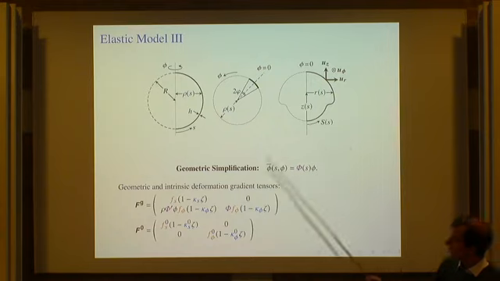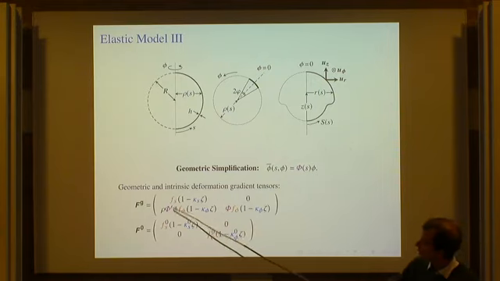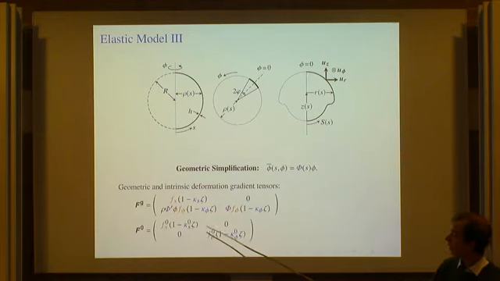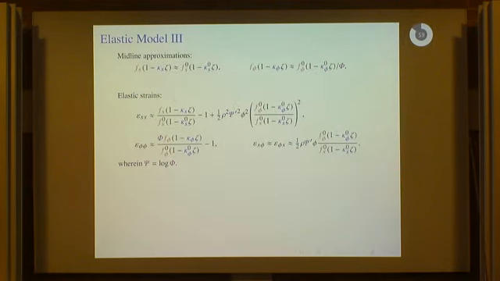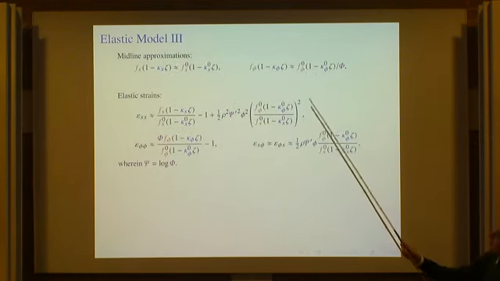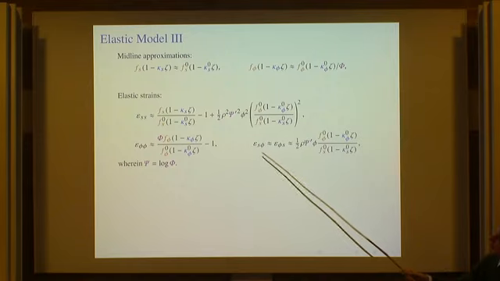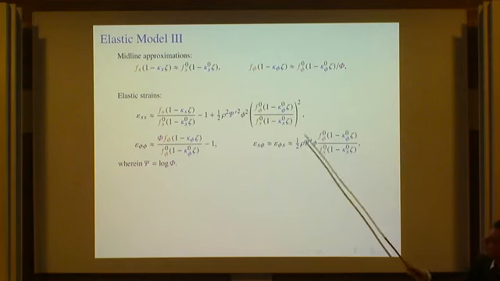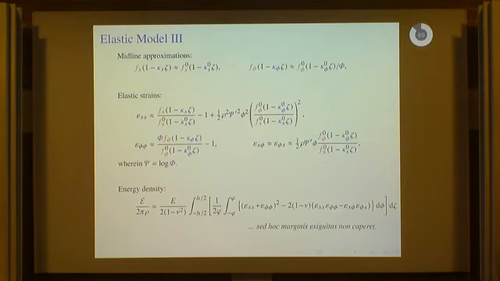The geometric gradient tensor now has additional off-diagonal terms. The intrinsic tensor is unmodified. You can play similar games, do some midline approximations to write down elastic strains. The tensors now have off-diagonal terms, and there are additional terms arising here. You can even derive the energy, which looks much more complicated. It wouldn't fit on a single slide, but the calculation is quite straightforward, really.